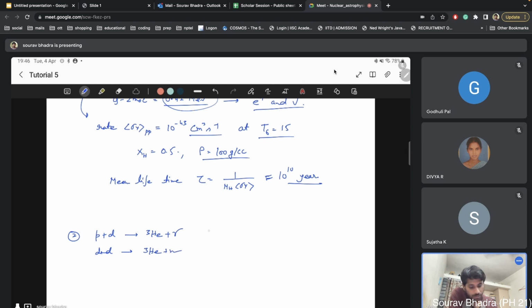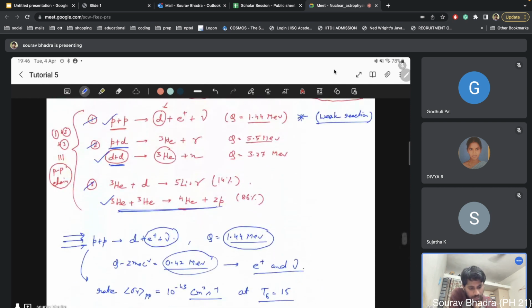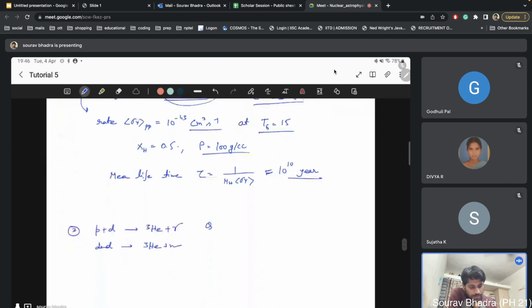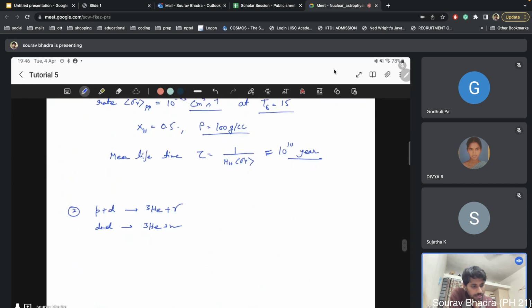The Q values are already written. Now from here we can calculate the number of deuterons with respect to protons, or with respect to hydrogen.